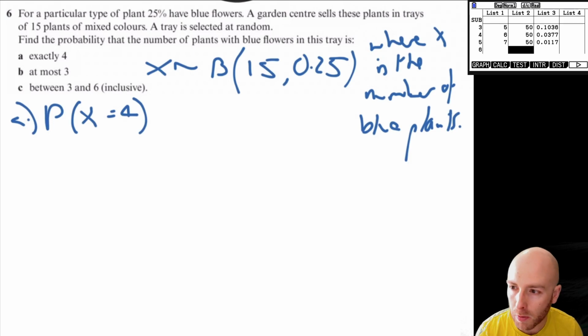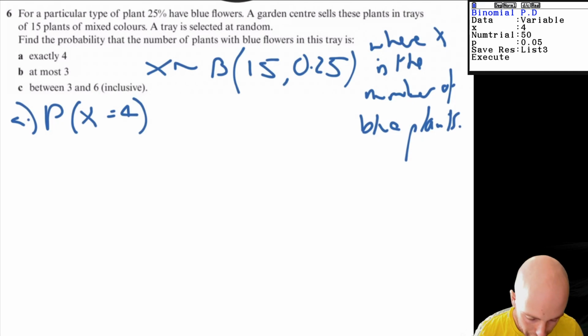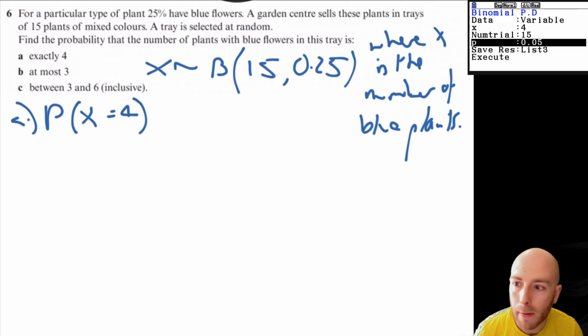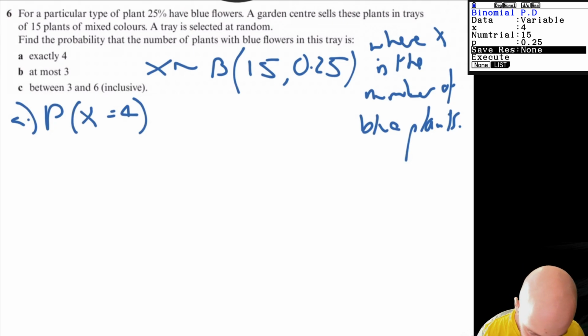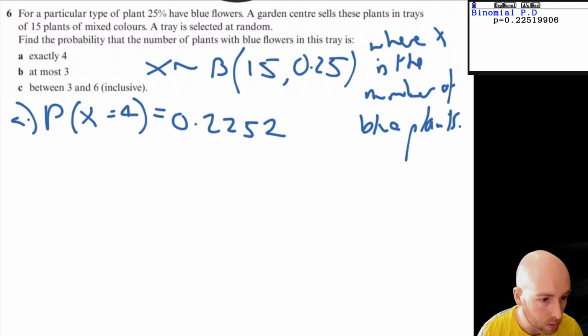So distribution, binomial BPD. Variable for our data, X equals 4. We've got 15 trials, and probability of success is 0.25. Save res, we don't need to do that. There you go. So we get 0.2252. Nice. Good. So all of you got that.